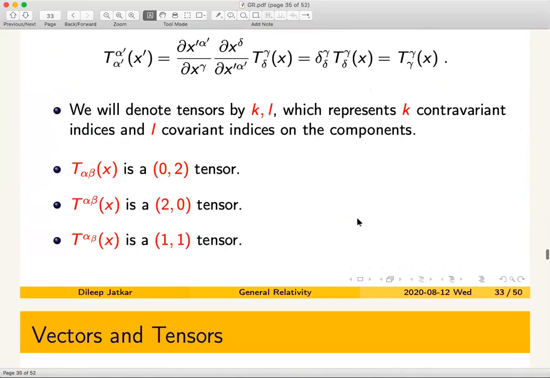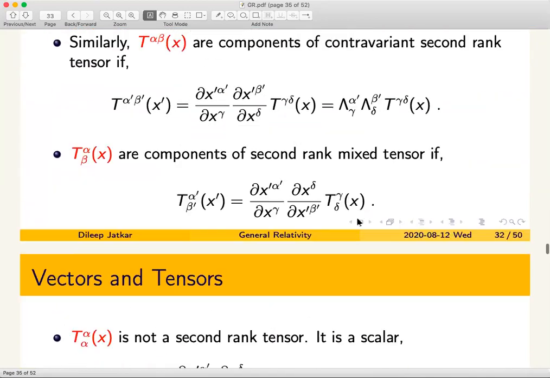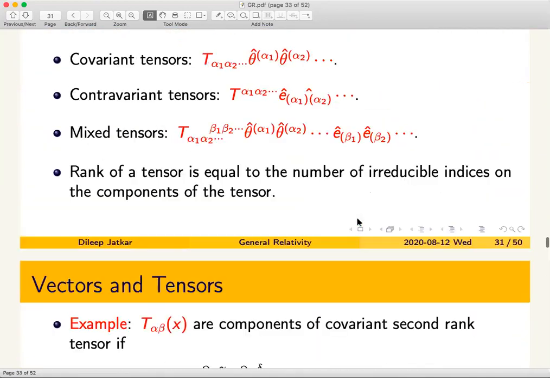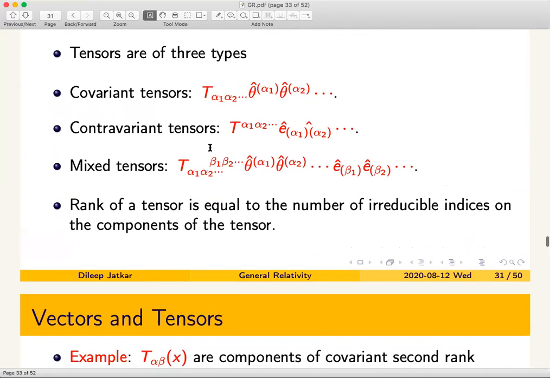Now remember, we can have tensors of multiple types. We just saw that we can have covariant tensors, and these covariant tensors can carry any number of indices.